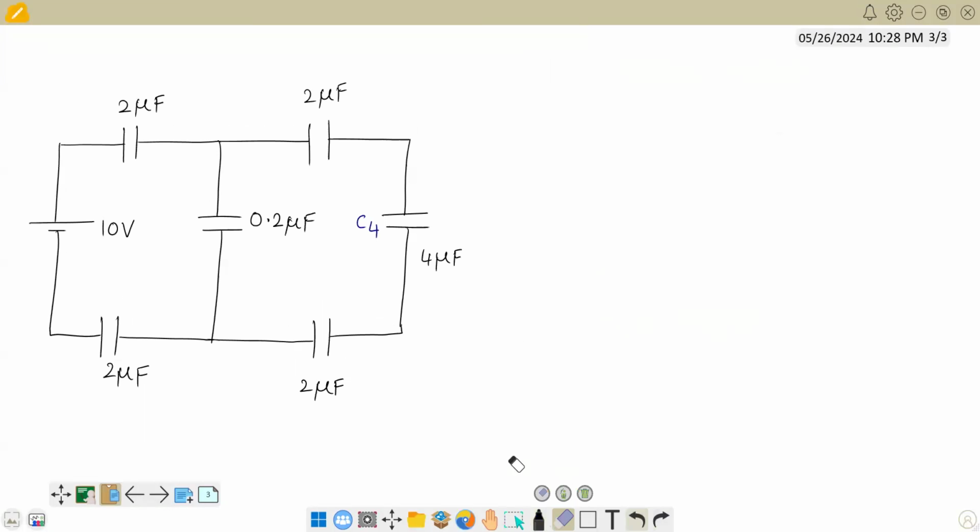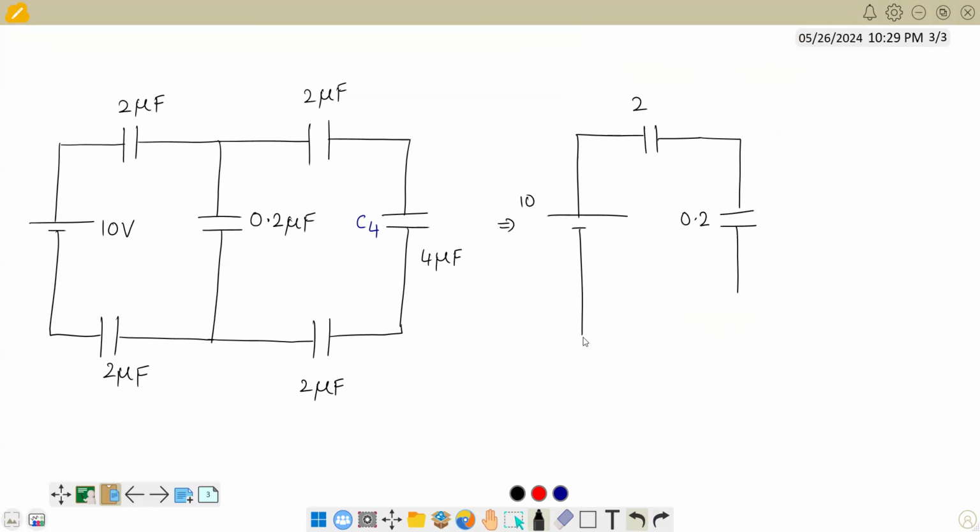In the next page, I can redraw this diagram as, we have 10, we have 2, here we have 0.2, here we have 2, and this entire thing will actually become 0.8. Now, these two are in parallel. These two, 0.2 and 0.8, are in parallel.